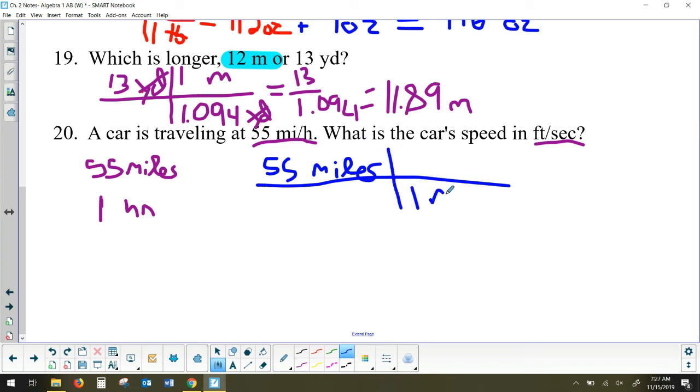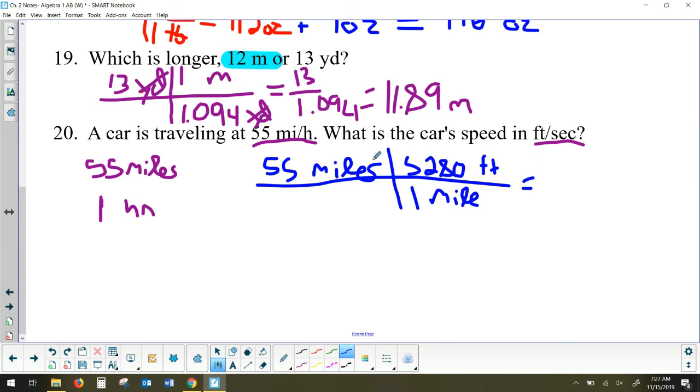We had 1 mile is 5,280 feet. So 55 times 5,280.